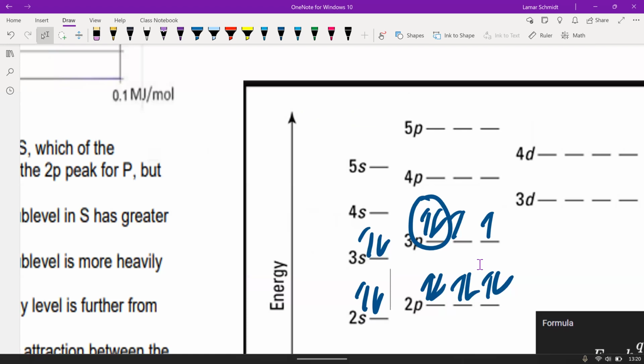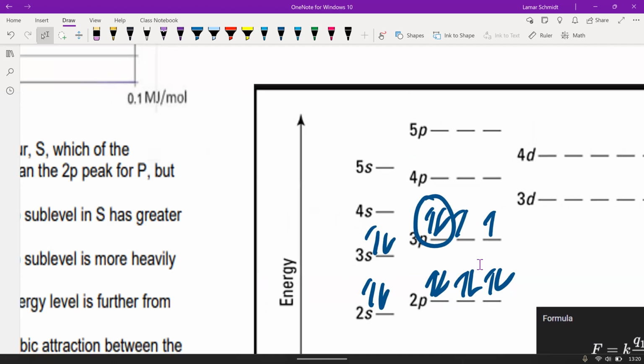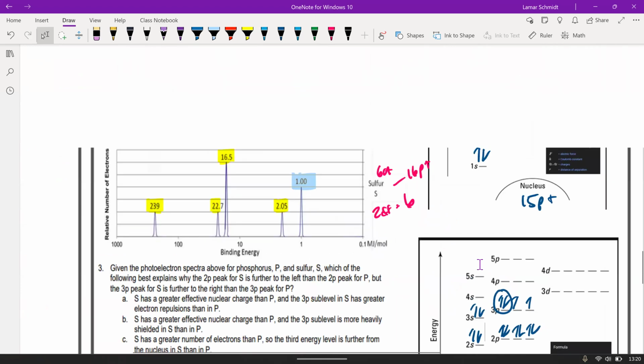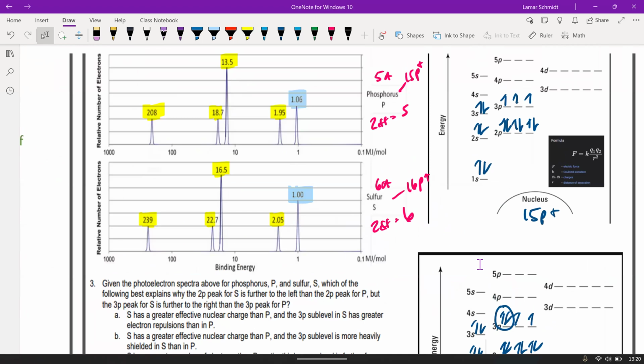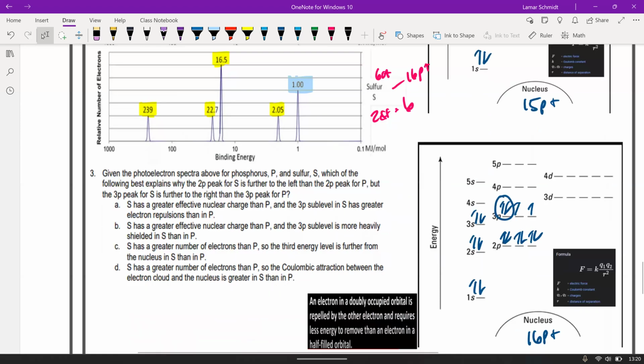We know this occurs, and we also know that we have some kind of weird something happening by which the binding energy of that last peak in sulfur is less than the binding energy of the last peak in phosphorus. And we didn't expect that. So now we're trying to explain this observation based off of the orbital diagram. And so what we see is there is some electron repulsion occurring right there.